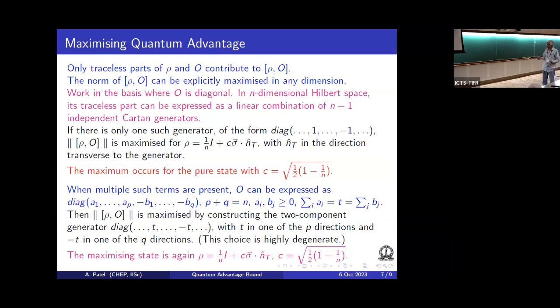So that actually gives a general solution for an arbitrary n by n matrix. The structure remains the same, and the solution is again something which can easily be said: I will have maximum commutator when the state becomes a pure state.